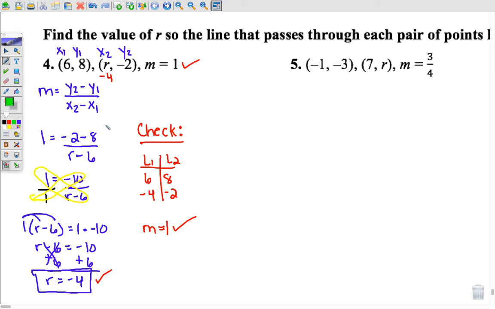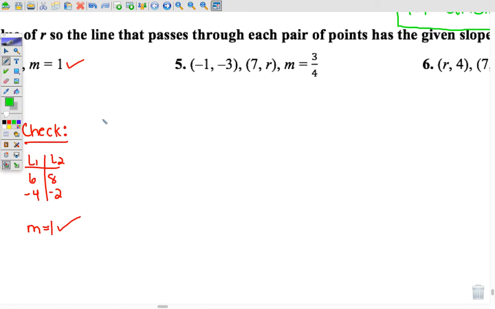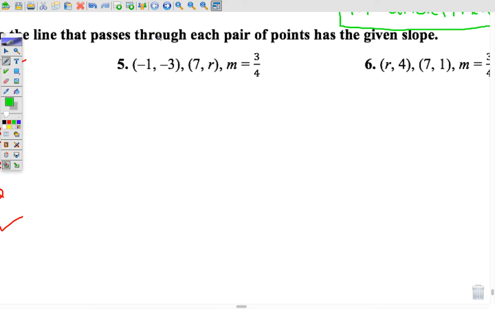All right, number 5. So we have x1, y1, x2, y2. You know my formula. You're going to write it down every single time. That way you don't forget it. y2 minus y1 over x2 minus x1. Okay, let's fill in what we know.